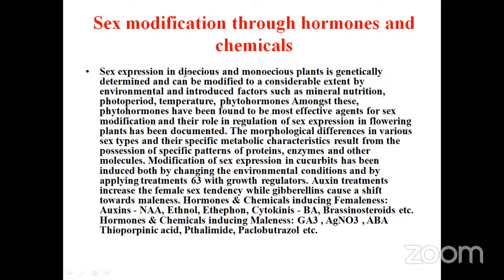Sex expression in monoecious and dioecious plants is genetically determined. So whether it is dioecious or monoecious, it is determined by genes, and this can also be modified to a considerable extent by the environment.